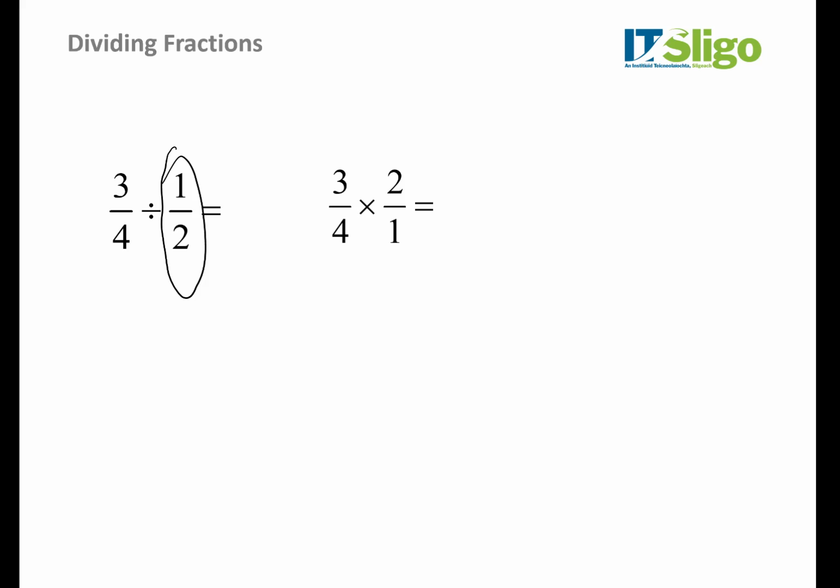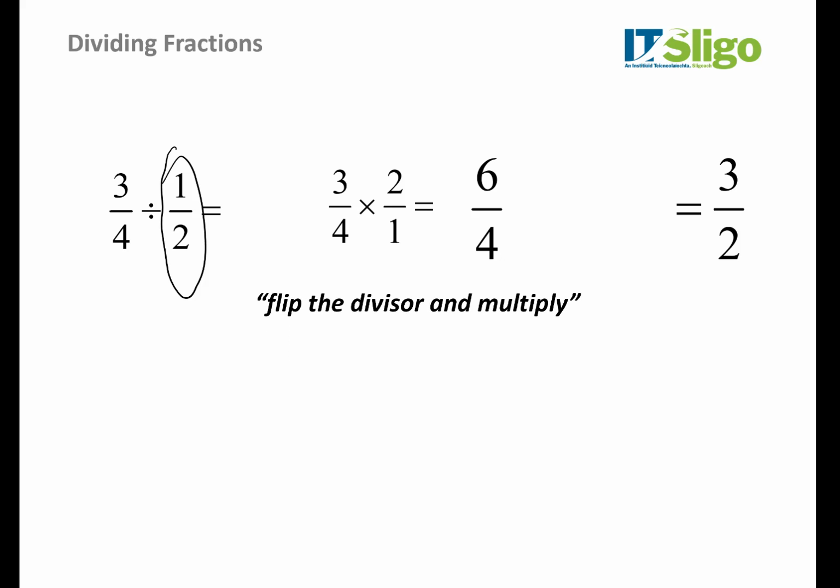Flip the divisor and multiply. And now it's still just top by top, bottom by bottom. So that's division. As long as you remember, don't flip the top one, the numerator, always flip the divisor.